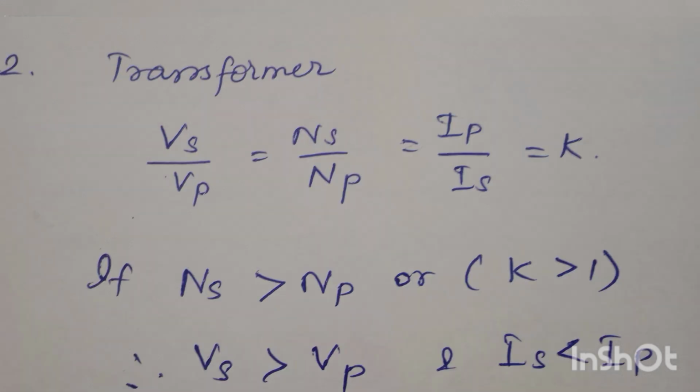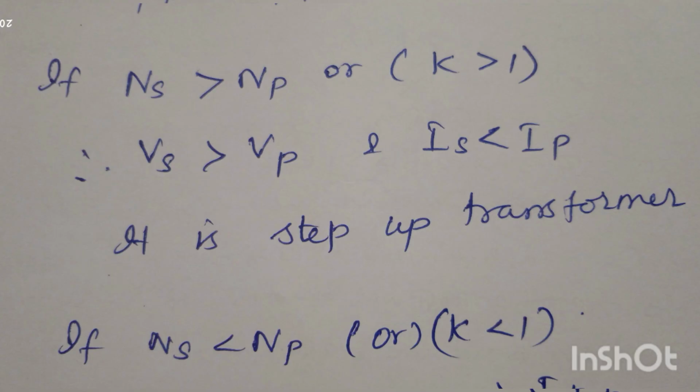Transformer: Vs by Vp is equal to Ns by Np is equal to Ip by Is is equal to K. If Ns is greater than Np or K is greater than 1, then Vs is greater than Vp and Is is less than Ip. It is step-up transformer.